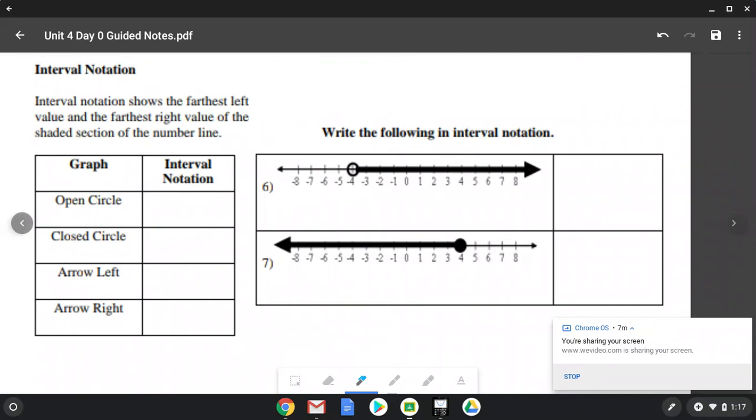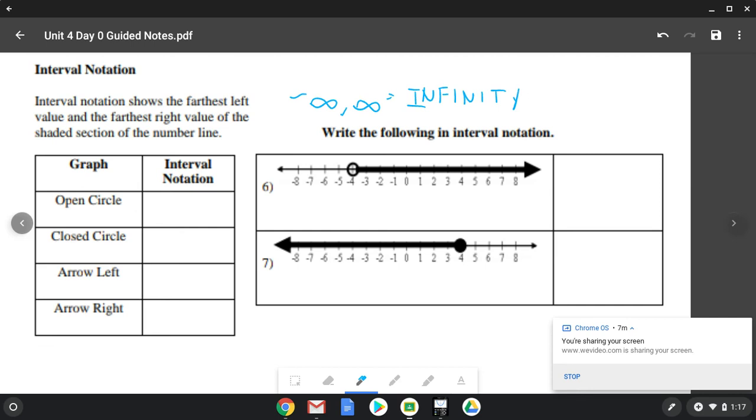If it goes to the left forever, that means it's going to negative infinity. And if it goes to the right forever, that means it's going to positive infinity. So these are called infinity signs. That means they don't stop. The shading just continues. And that's what the arrow is at the end of these problems that we've done.